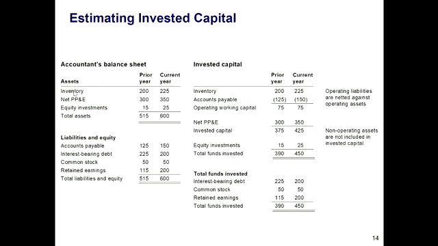They have inventory, net PPE, equity investment, that's the ownership in other companies, and total assets, and with the liability and the equity, the funding side of the balance sheet, accounts payable, that's working capital, interest-bearing debt, that can be corporate bond or bank loan, and common stock from shareholders and retained earnings. So they balance the assets and the source of the funds to invest in these assets.